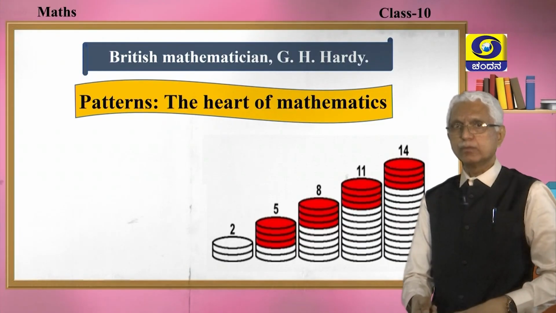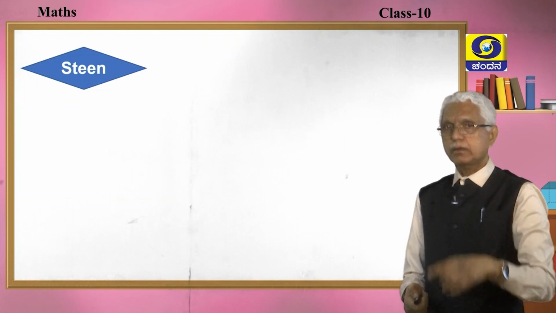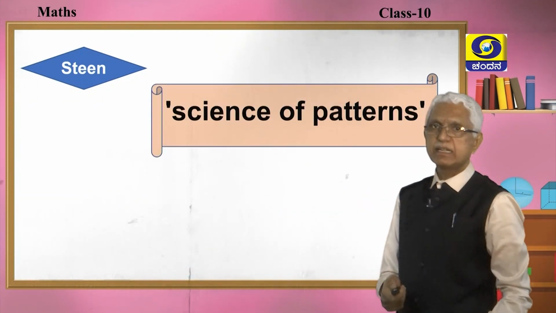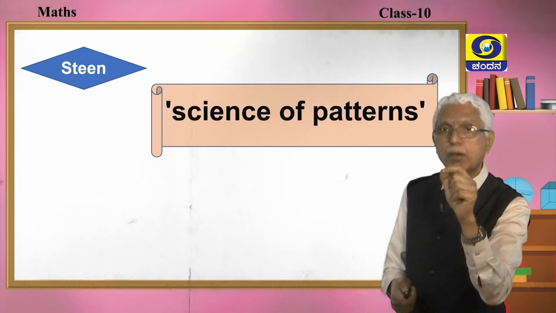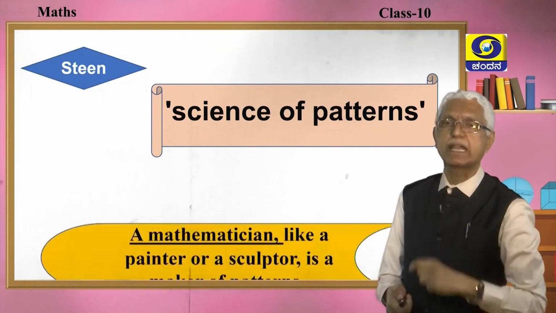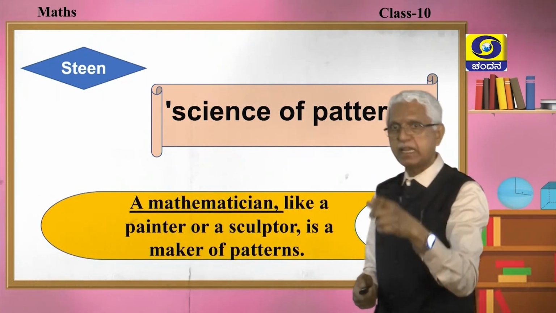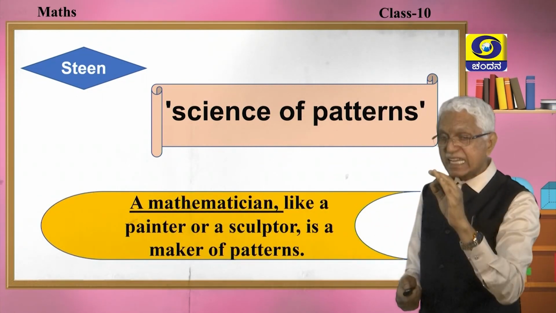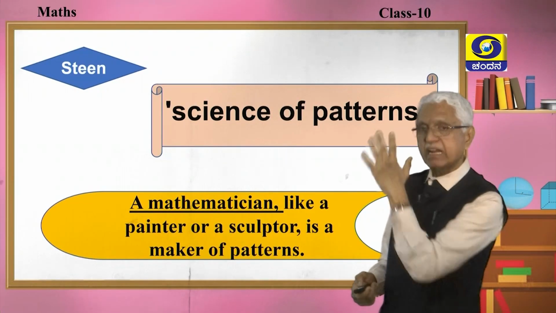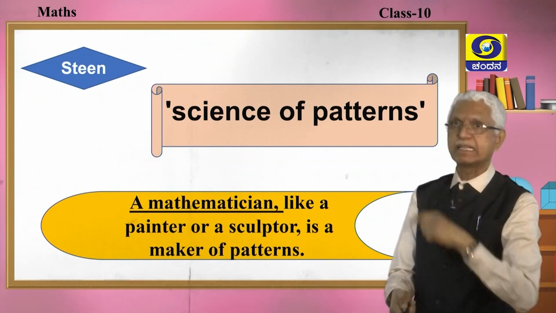Another mathematician by name Steen has said numbers is all about science of patterns. And he says a mathematician is like a painter or a sculptor. He is a maker of patterns. So, it is about patterns.